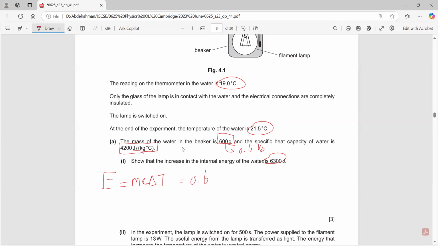So 0.6 times 4,200 times the change in temperature, which was 21.5 minus 19, so 0.6 times 4,200 times 2.5 is exactly 6,300 joules. Three very easy marks.